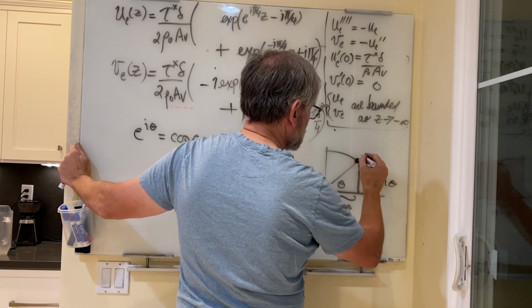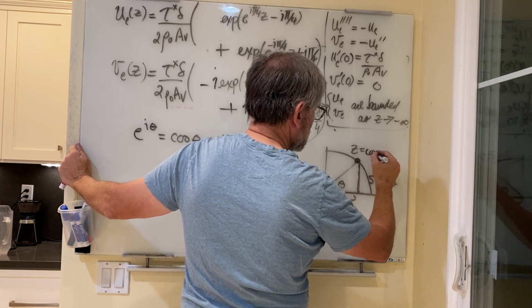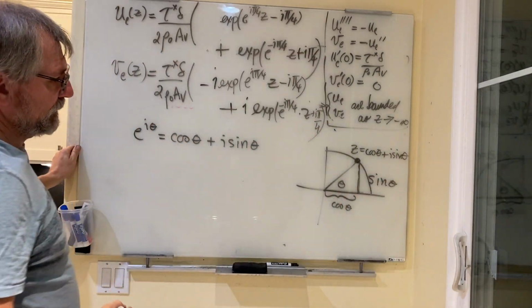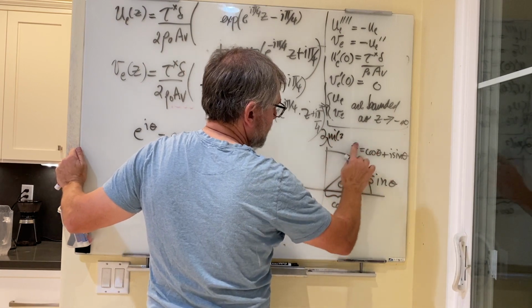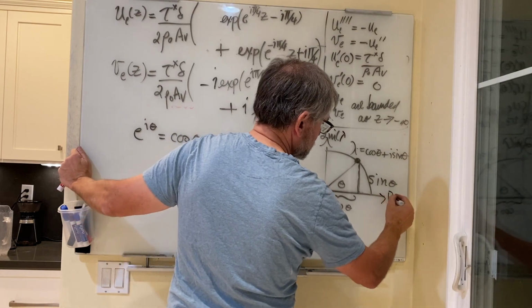So this number here, z, is equal to cos theta plus i sine theta. This is the imaginary axis out here. I should use lambda like before. And this is the real part of lambda.